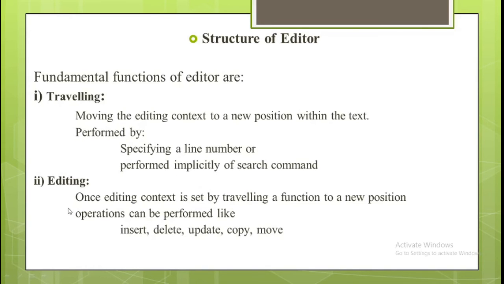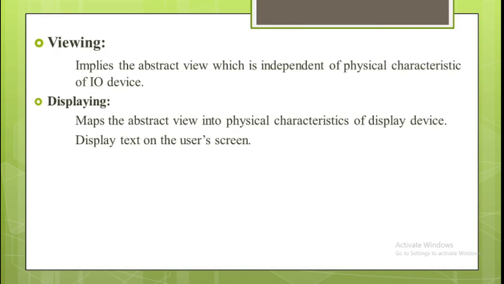The second function provided is editing. Once the editing context is set by the traveling function to a new position within the text, operations like insert, delete, update, copy, move can be performed. That is, it provides you the capabilities of editing in the document.